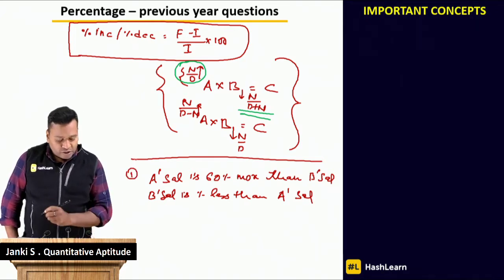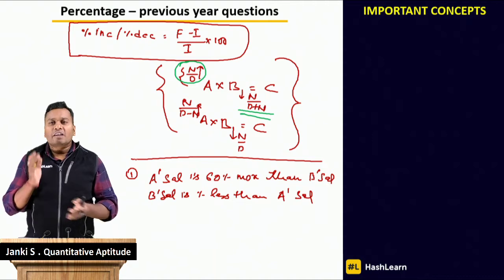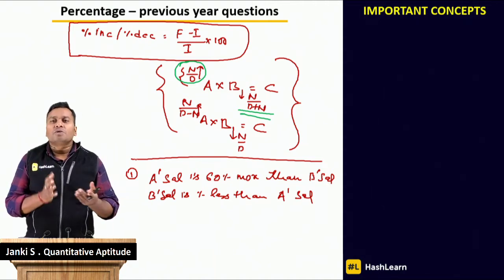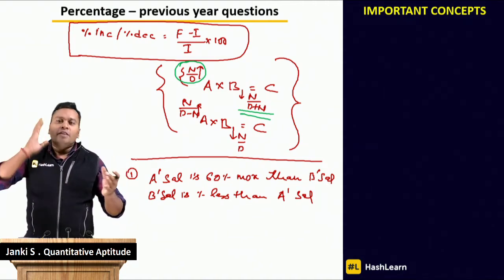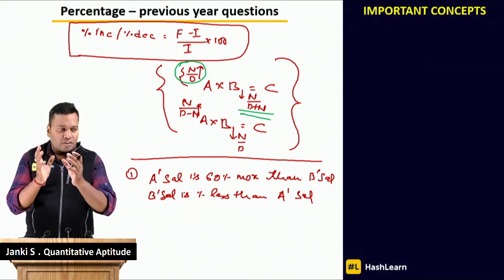So let's take the first question here. Normally you will compare the things, or else you will assume some value, then you will take some value, then you will work on the complete part, right?